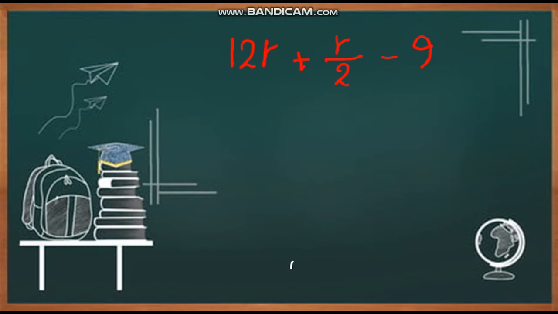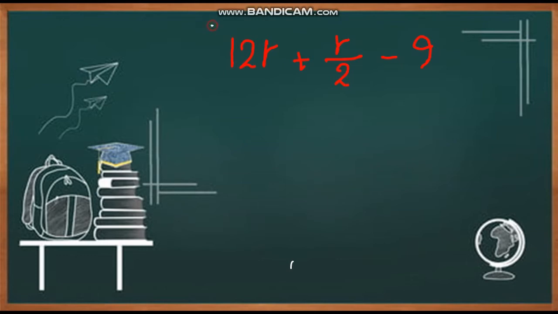Now, let's move on to know how many terms the expression has. Terms? What is the meaning of terms, teacher? Terms are the parts of the expression that are separated by plus or minus. Concentrate, separated by plus or minus. So how many parts, or how many terms, are separated by plus or minus?